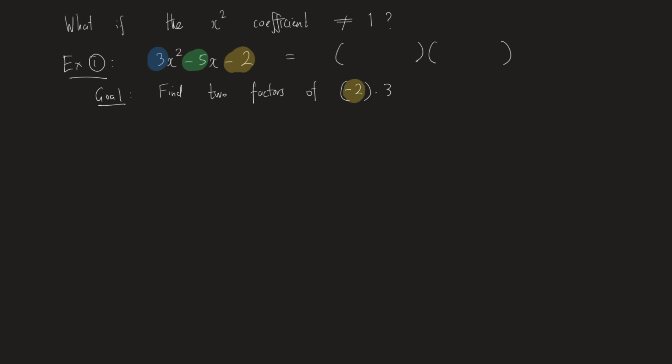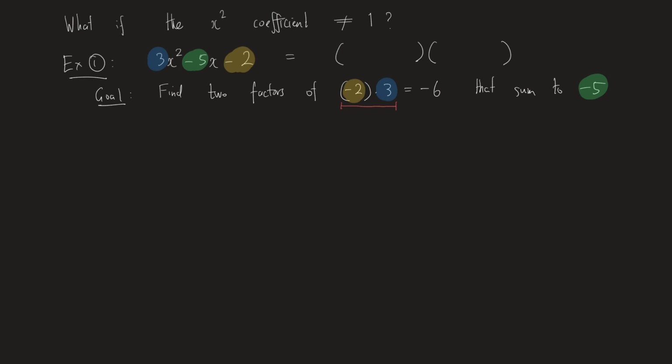So my constant term is negative 2. My coefficient of x squared was 3. Those multiply to give me negative 6. And I'm looking for two factors of negative 6 that sum to the x coefficient, which for us is this negative 5. Okay, so the one little difference here compared to when the x squared coefficient is 1 is we have to figure out this product first, and that's the number that we're hunting for the factor pairs for.